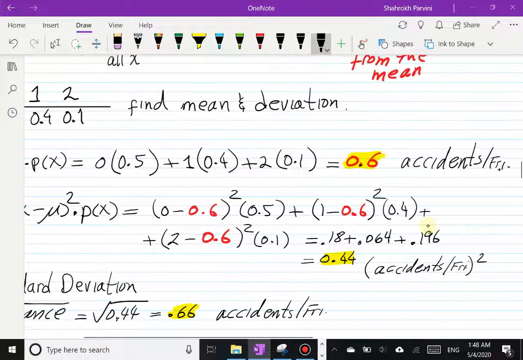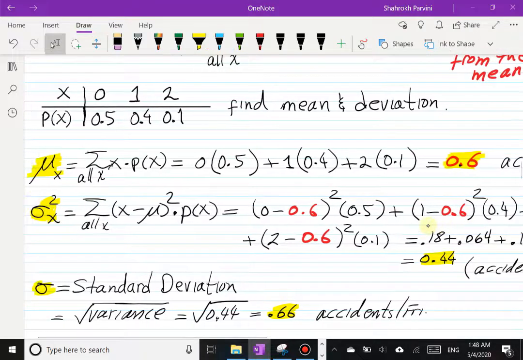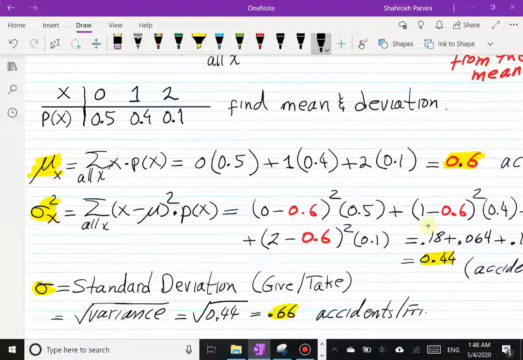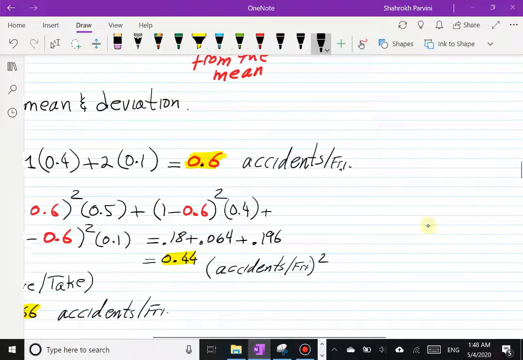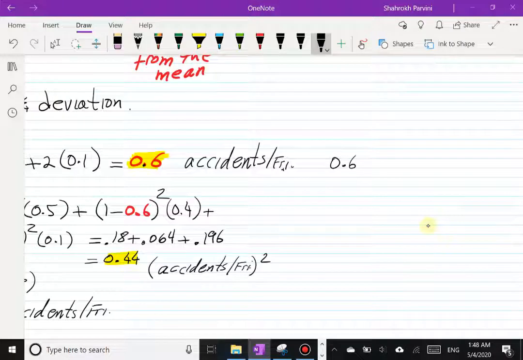Now, what does 0.66 mean? If I round up to 1, that means on average you would expect 0.6 accidents, give or take 1. The standard deviation, this is the interpretation, is give or take of the mean. Now remember, if I multiply this 0.6 by 10, it becomes 6. Instead of 0.6 accidents per 1 Friday, this would be in 10 Fridays.